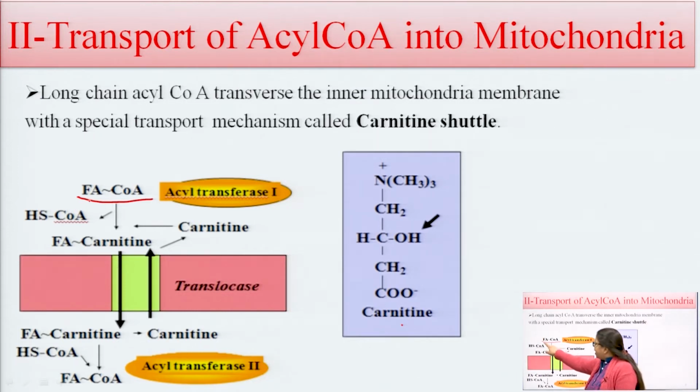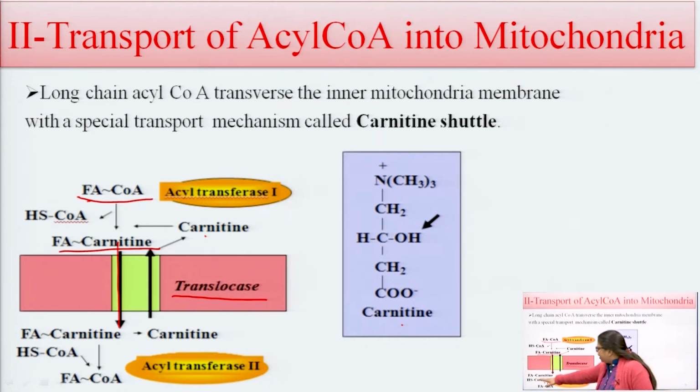The fatty acid is reacted with carnitine to form a fatty acid carnitine complex, or fatty acid carnitine shuttle, so that this activated fatty acid is transported from the cytosol to the inner mitochondrial matrix with the help of the enzyme translocase.